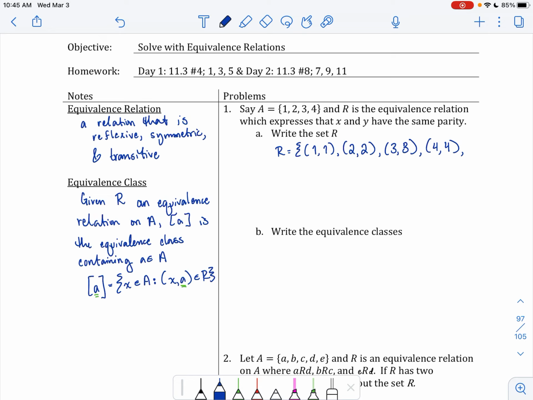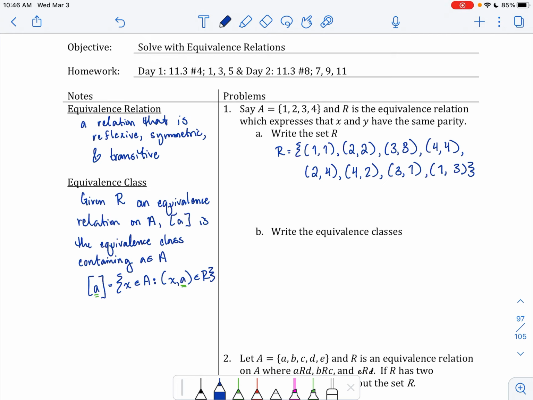I could ask you to prove it's an equivalence relation, but I just give it to you in the setup. So then we know same parity, so (2, 4), symmetric, which would be (4, 2). And then we have (3, 1) and (1, 3). And that's the set R.